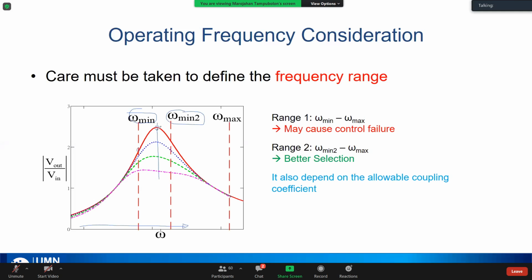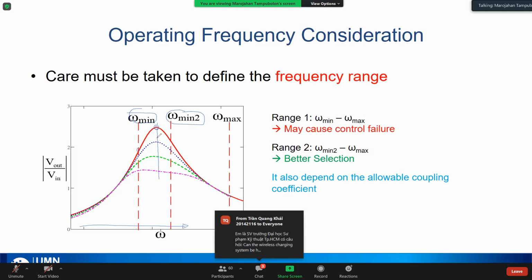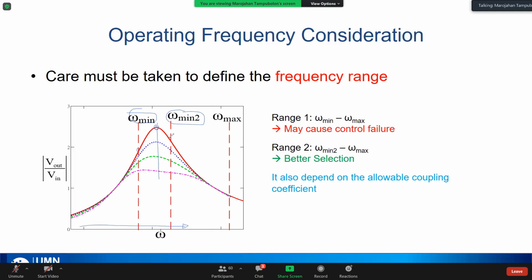But when the frequency keeps increasing and meets this tipping point, the gain will decrease, and the controller will continue to increase, because it thinks I need to increase the frequency to get a higher voltage, but actually it will decrease.